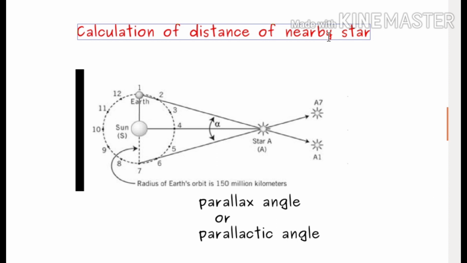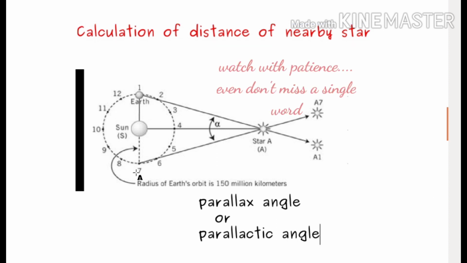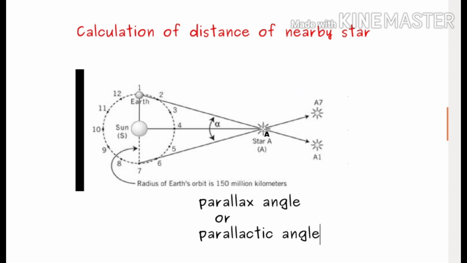So let us consider that this is the orbit of earth, and inside, at the center, the sun is situated. Now we are observing a star from position 1, and these are the background stars.